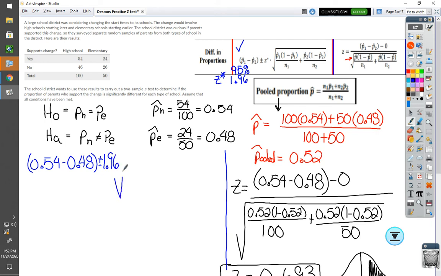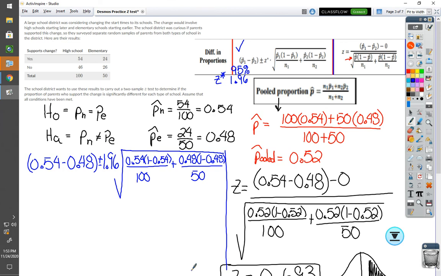I'm going to multiply that by the root of p hat 1, which is 0.54, times 1 minus 0.54, divided by 100. That's then going to get added to the second p hat value of 0.48 times 1 minus 0.48 divided by 50. There are two calculations here, one plus and one minus.